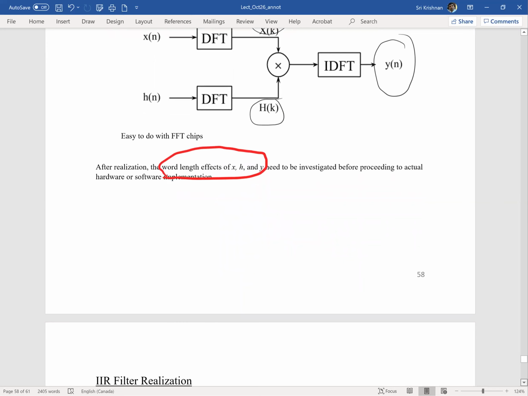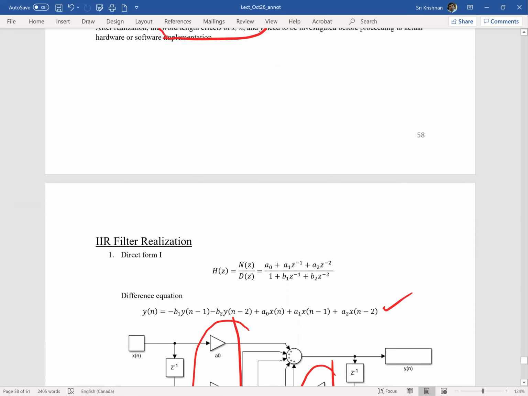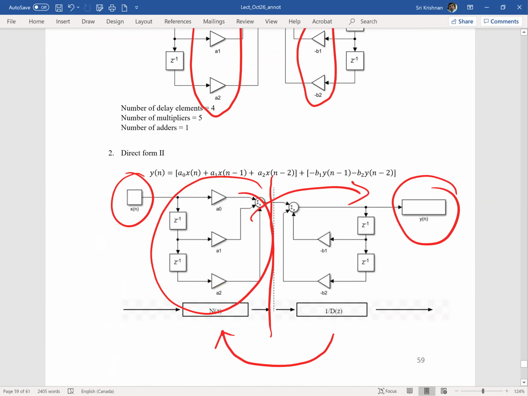Whenever we talk about the resource requirement of a digital filter, we talk in terms of delays, multipliers and adders. Now, the advantage of digital filters is that they give me the flexibility to change my filter coefficients according to the situation that I'm in.